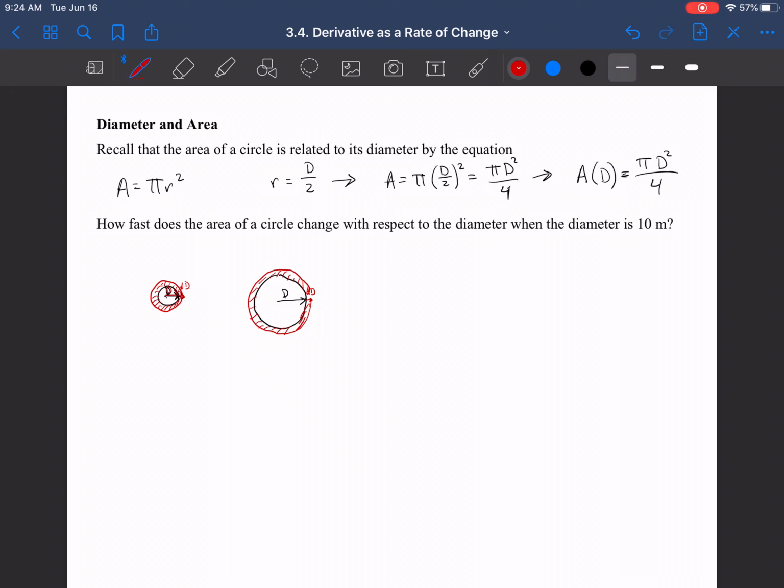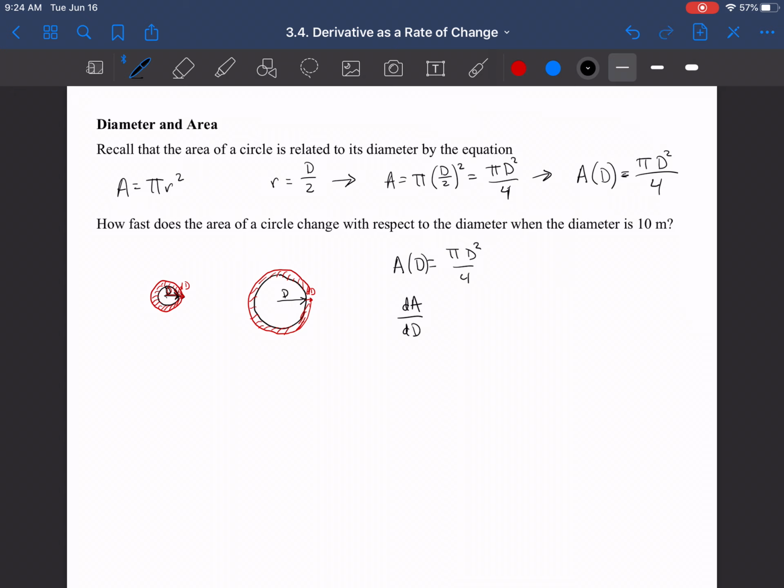And so the actual rate of change of the area varies as you go through different sizes of your circle. So if we take a look at this, we know that the area is a function of diameter, as we just found above, pi d squared over 4. And so what we want to do is figure out what is dA/dd.